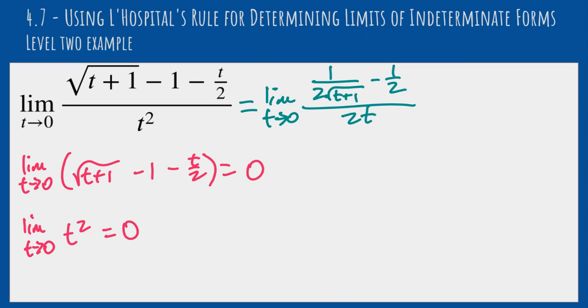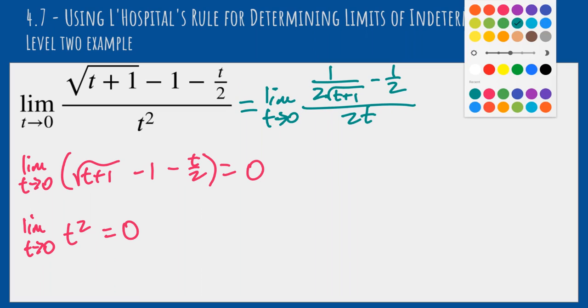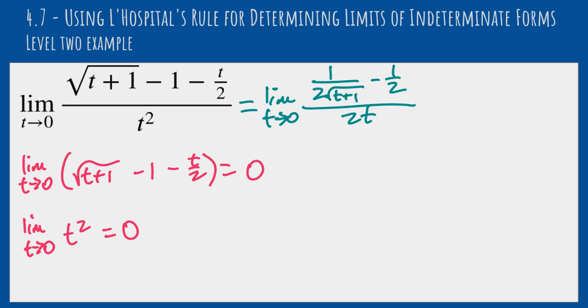So looking at what we have at this point, if we try using direct substitution again, we put 0 in for t, and we get 1/2 minus 1/2 on top, which is 0, and 2t on the bottom, which is 0. We could, if we wanted to, rewrite this. And I'm actually going to do that, because if we rewrite this as a simpler fraction, I think things are going to be a little bit easier for us.